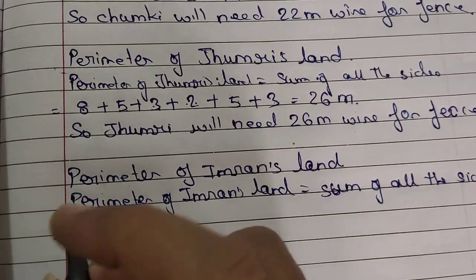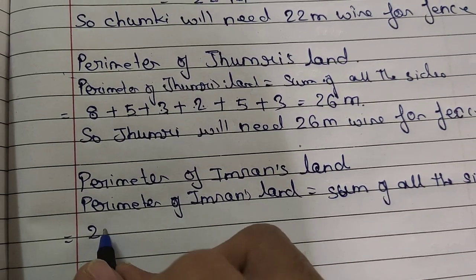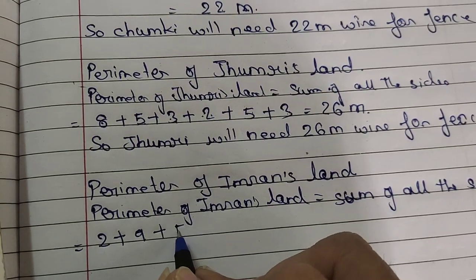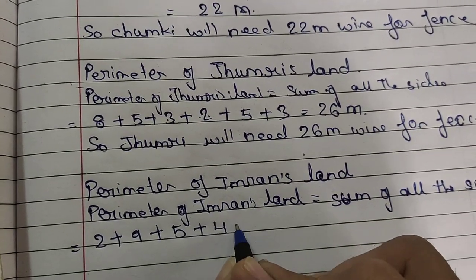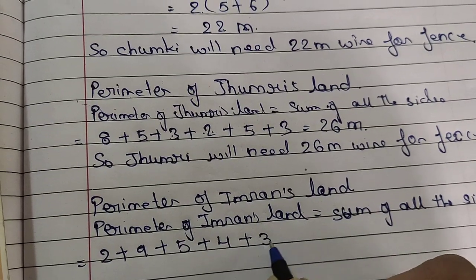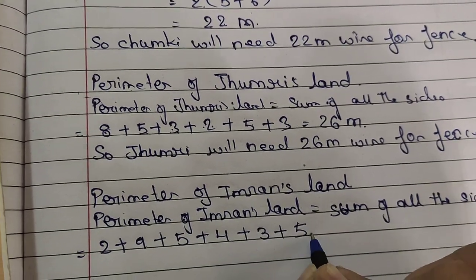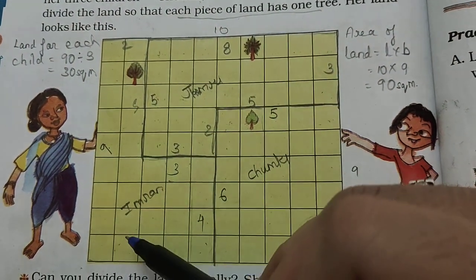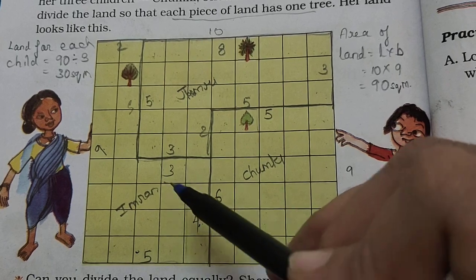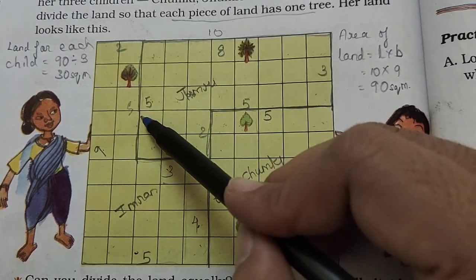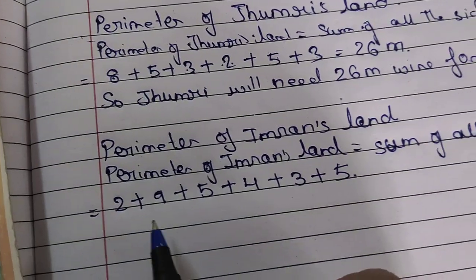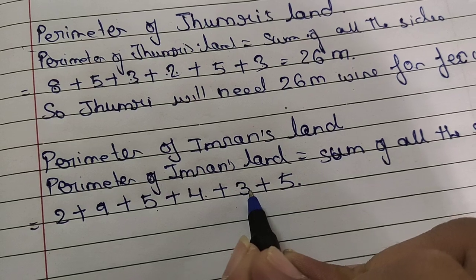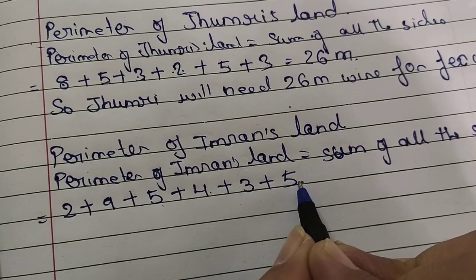So now we will add it up: 2 plus 9 plus 5 plus 4 plus 3 plus 5. Let's count. 2 plus 9, 11. 11 plus 5, 16. 16 plus 4, 20. 20 plus 3, 23. 23 plus 5, 28.